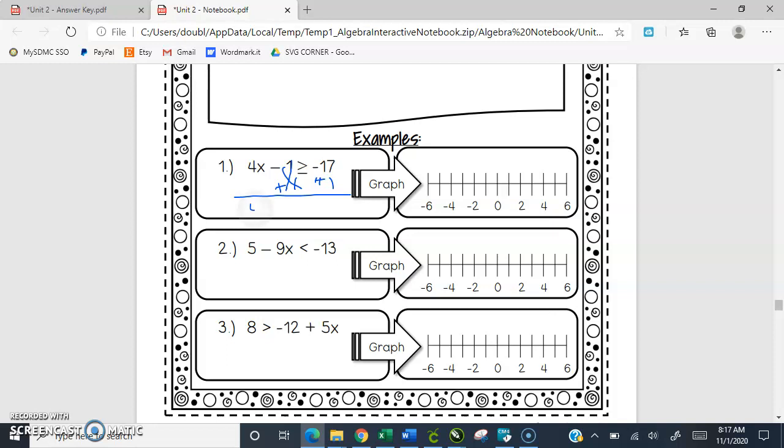Now I have 4x is greater than or equal to negative 17 plus 1, which is negative 16. Okay. Then we want to divide both sides by 4. These 4's cancel out. And I have x is greater than or equal to negative 16 divided by 4, which is negative 4.